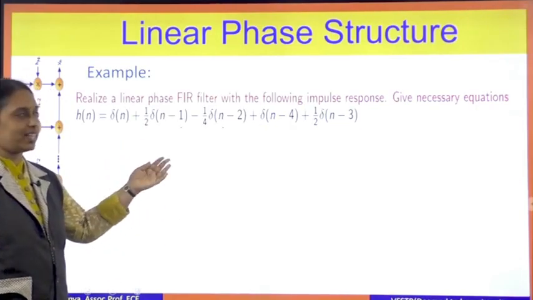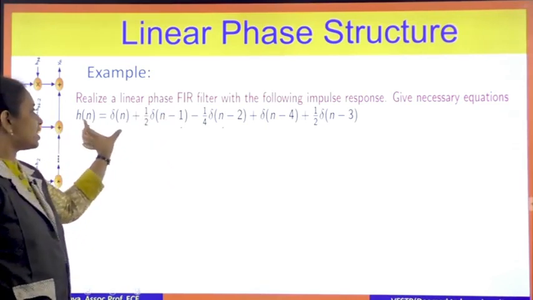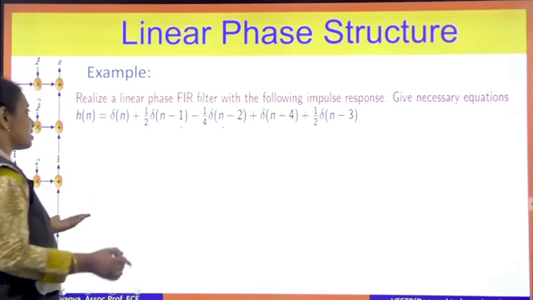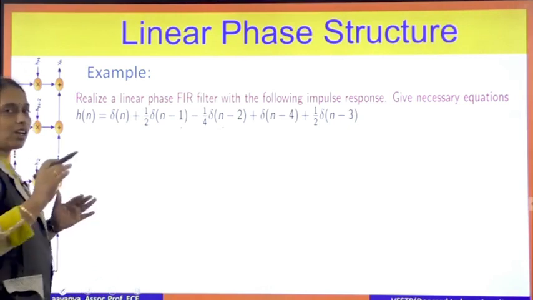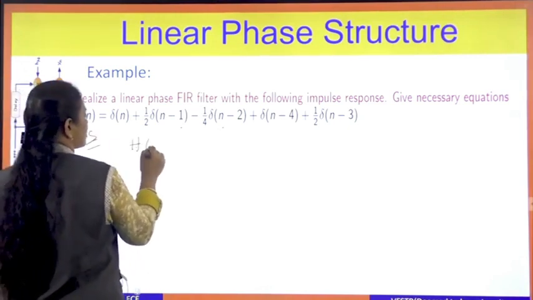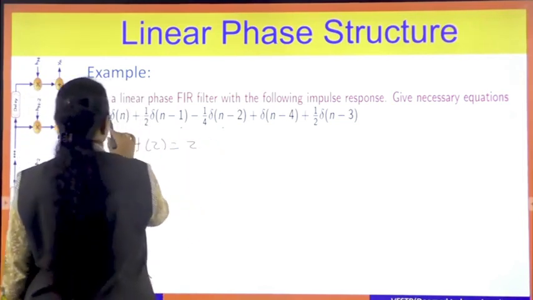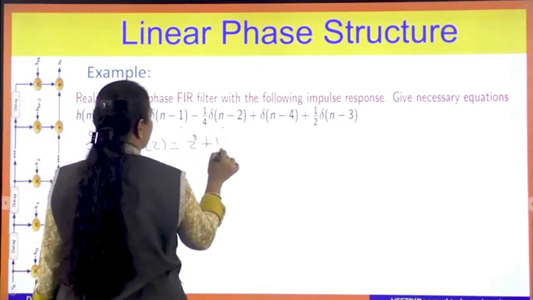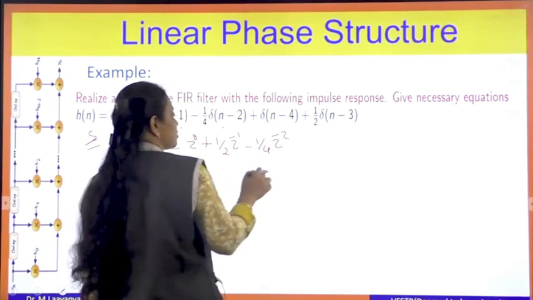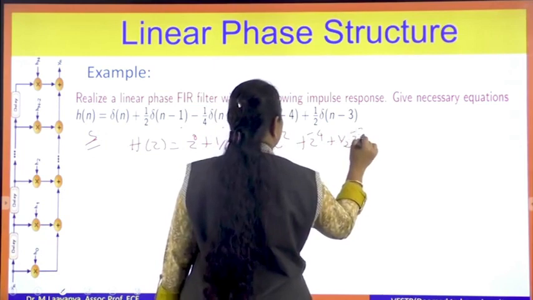Now let us have an example with a linear phase FIR filter. Here they have given an equation h of n is equal to. Now let us take the z transform for this. So I will have H of z is equal to z power 0 plus half z inverse minus 1 by 4 z power minus 2 plus z power minus 4 plus half z power minus 3.